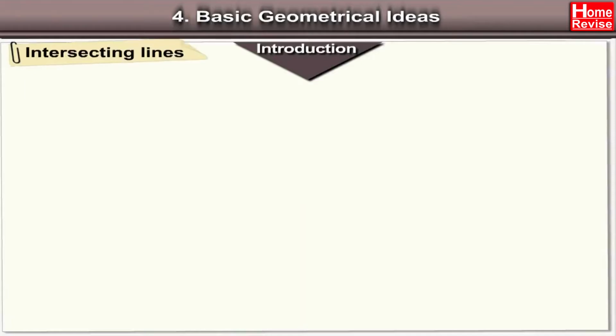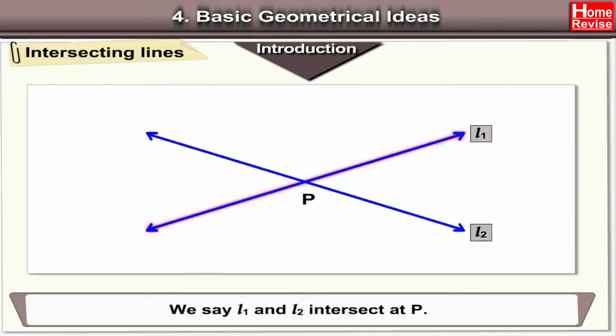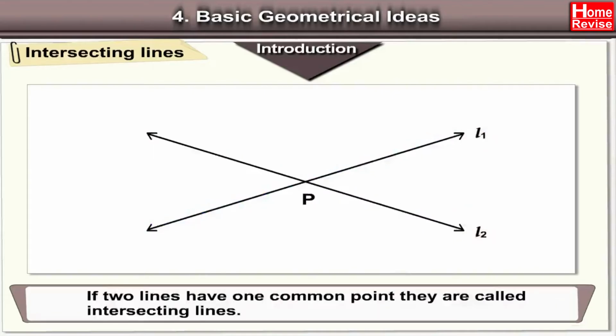Intersecting lines. If two lines, L1 and L2, pass through point P, we say L1 and L2 intersect at P. If two lines have one common point, they are called intersecting lines.